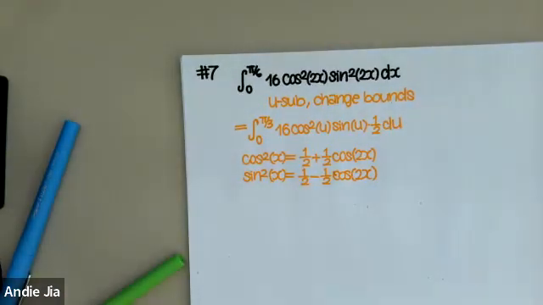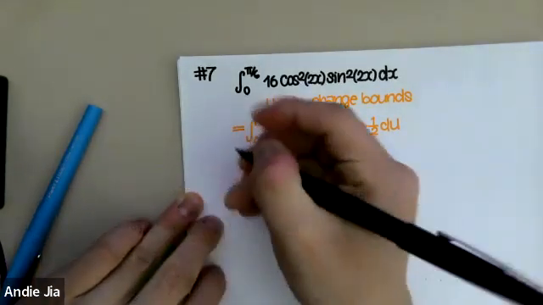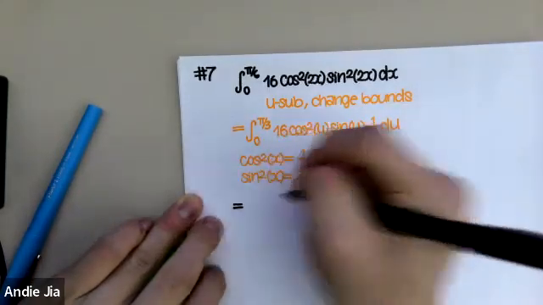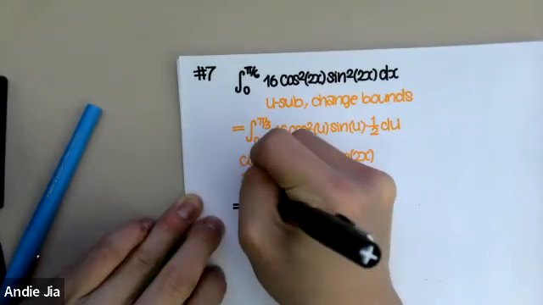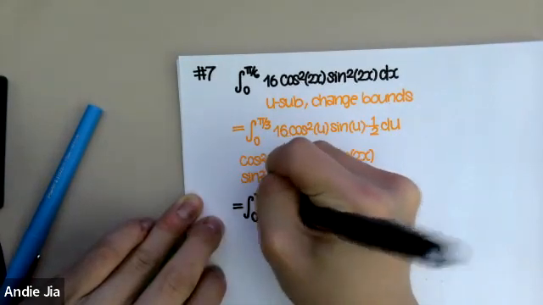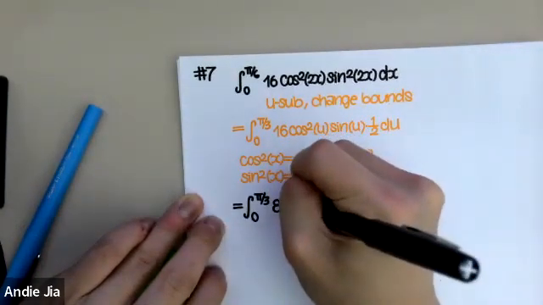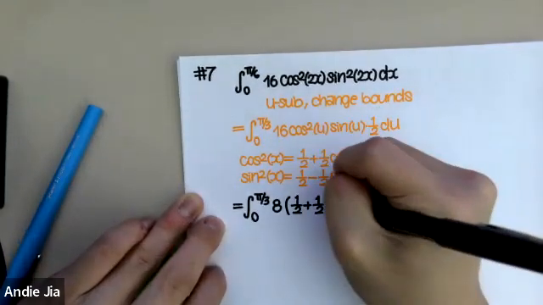This time x is just the u, and then we write them as a multiplication here. So it's pi over 6, but unchanged, so it's going to be pi over 3, and the constant is going to be 8. So it's going to be 1/2 plus 1/2 of cosine 2u.